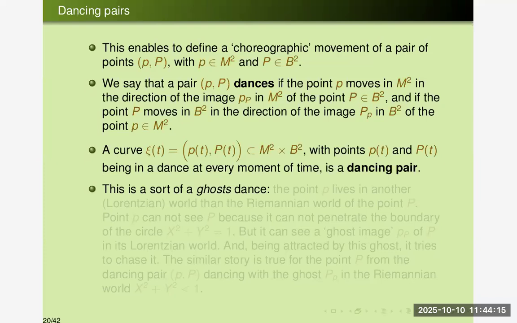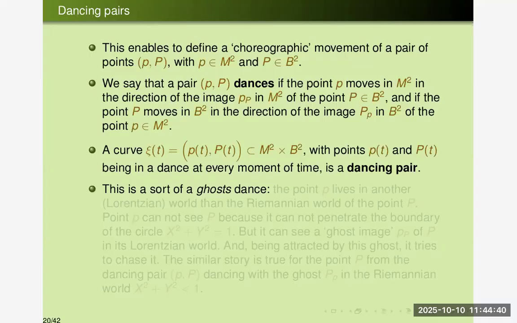This is in Lorentzian space, this is in Riemannian space. But corresponding to this guy, there is a Lorentzian guy, which is his ghost, and this guy can see it, and he can go towards it. Likewise, the guy inside cannot see the guy outside, but it can see its ghost, and at every moment go in the direction of this. So it's like a coordinated movement.